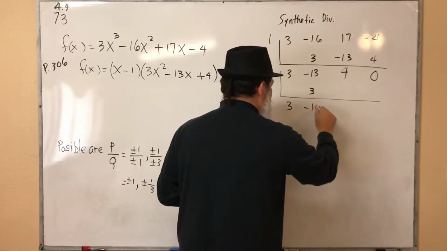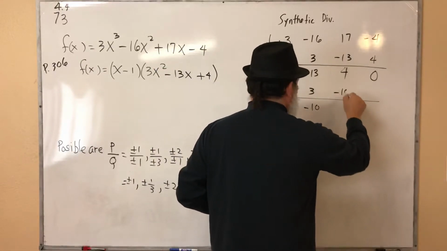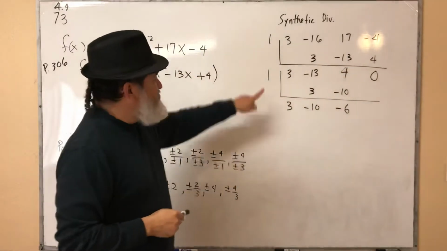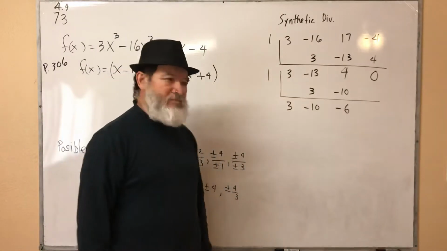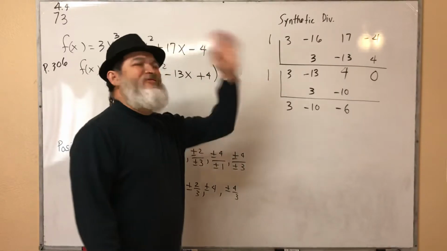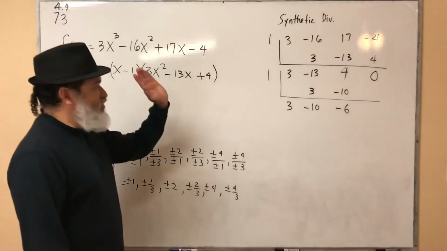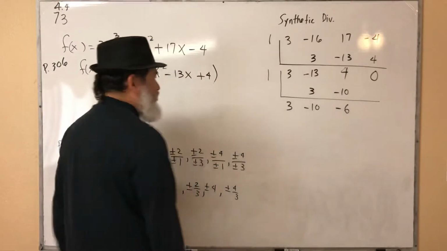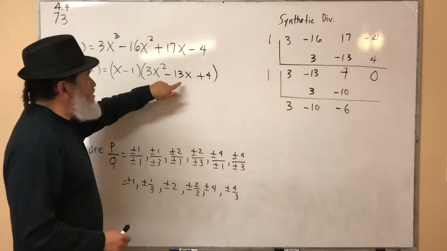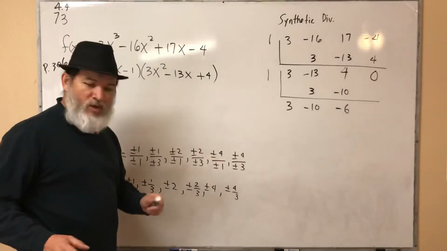Multiply. Add. So the answer, this is not a zero. And because it's not a zero, x minus 1 is not a factor again. So 1 is no longer a zero of 3x squared minus 13x plus 4. Okay, no problem. That didn't work.